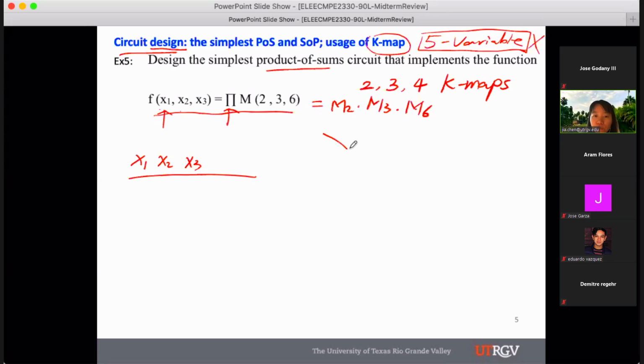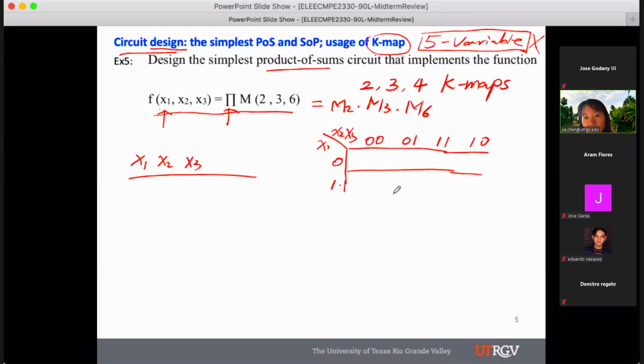First of all, let's say I put x1 here, x2, x3 here, right? As we said, if you have one variable, you can put a 0 on top, 1 on bottom. 0, 1 is fine. 1, 0 is also fine, depends. Then for 2 variables, usually you can start with 0, 0, 0, 1. Be careful, this is 1, 1, then 1, 0.